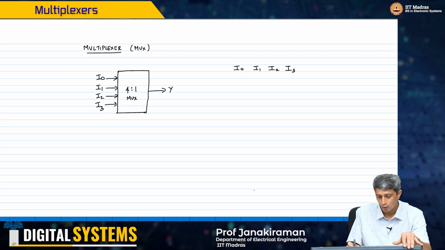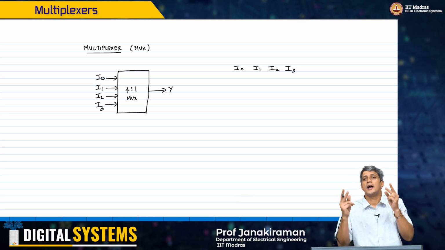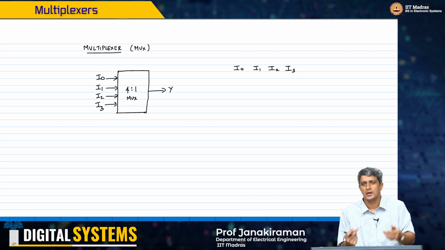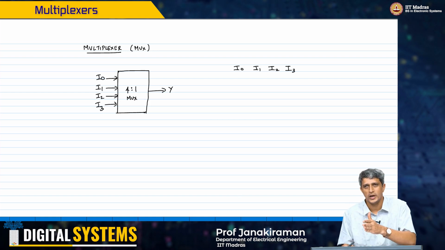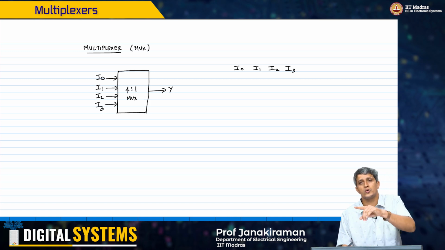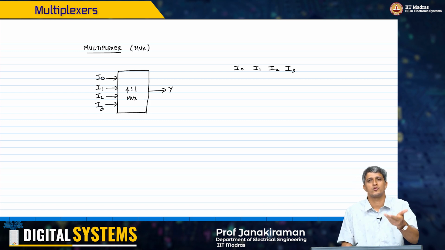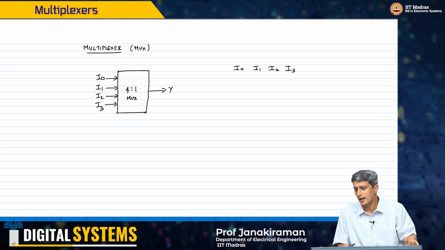Now to select between 4 inputs, I need at least 2 other select signals because there are 4 of them. That's why you will see even the multiplexer is always, the number of inputs is in powers of 2. In the decoder, the output was in powers of 2. Here we are saying the number of inputs will go in powers of 2: 4:1 multiplexer, 8:1 multiplexer, 16:1, 32:1 and so on.